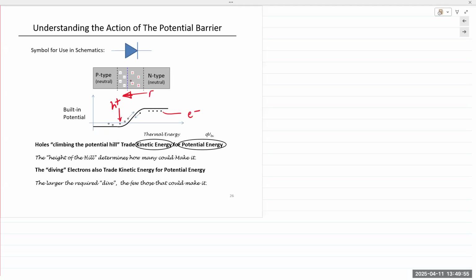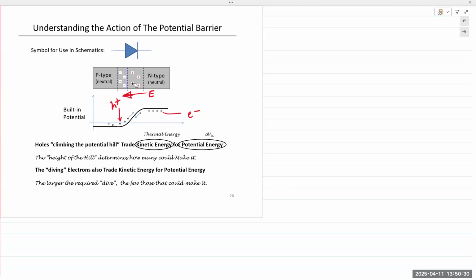So that is indicated by this graph right here. The holes, as we stated earlier, must go against the electric field, and the electrons must go with the electric field, which is the exact opposite of their inherent property. So they are both working against the electric field in a sense.